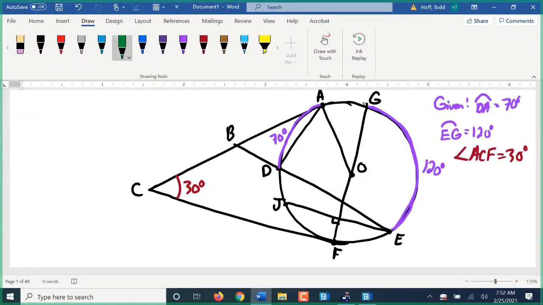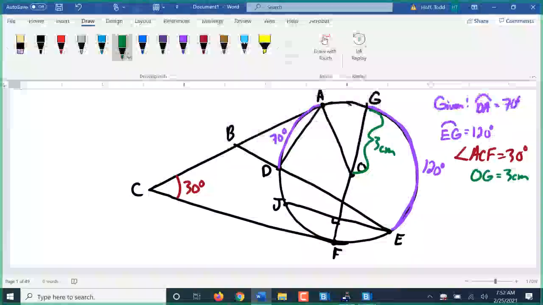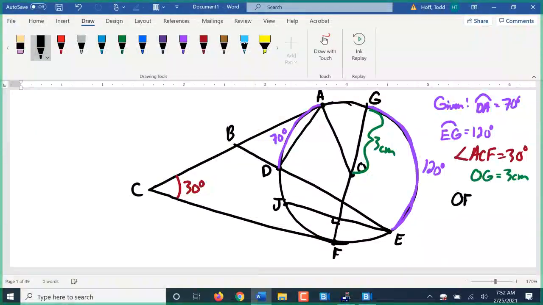I'm going to tell you that the length OG is 3 centimeters. In other words, the radius of the circle is 3 centimeters. I already gave you this, I already wrote it in, but we'll write it down here as a given that OF is perpendicular to EJ.